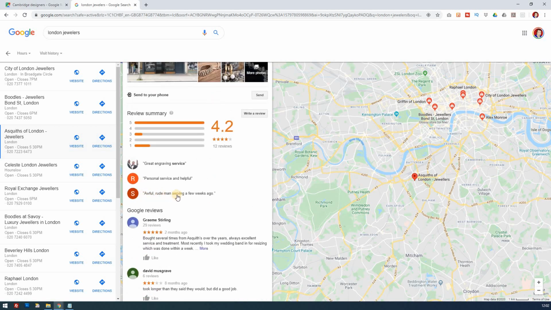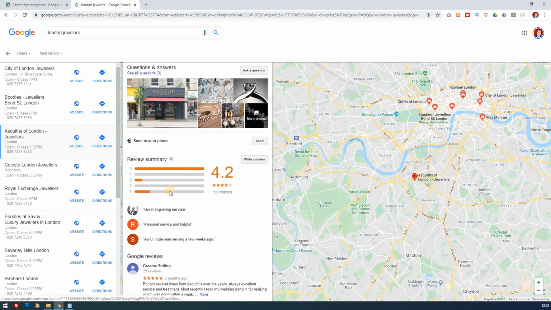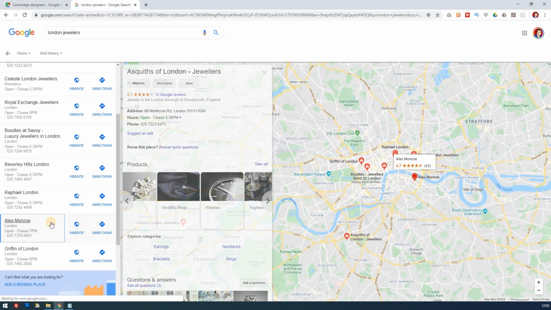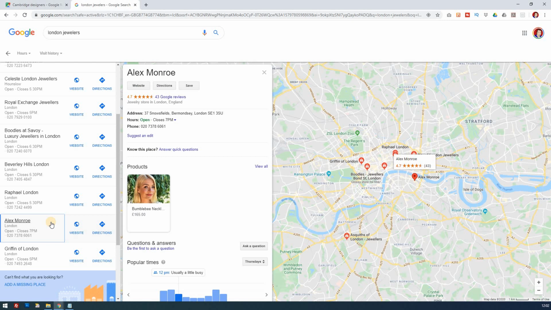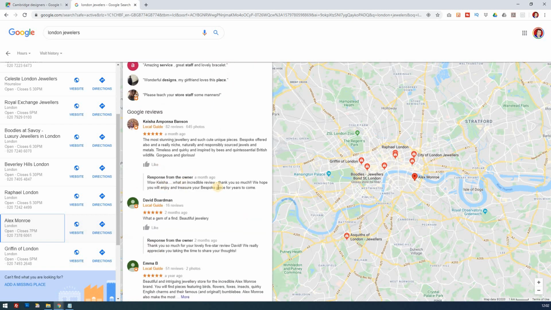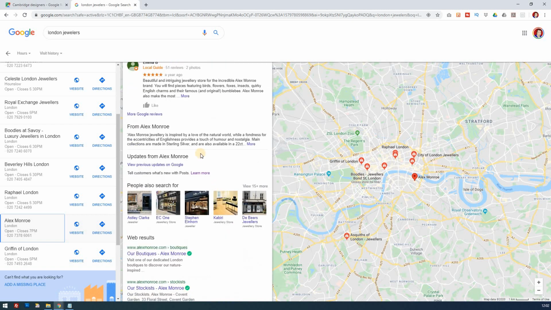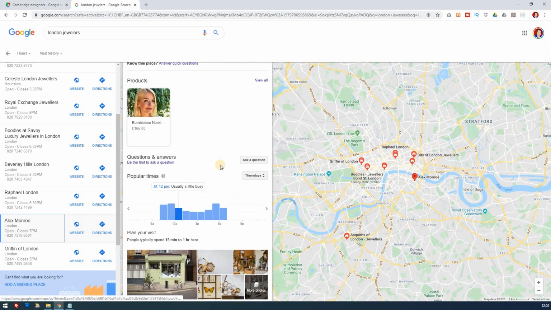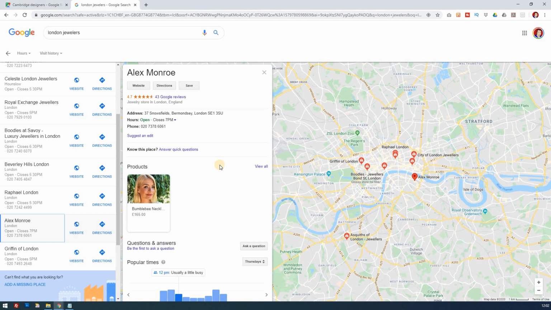There's an awful rude man serving a few weeks ago, but on the whole they get 4.2. Okay, let's try here. We've got a necklace, and again suggesting edits, and they do respond, which is good. And it's also good that they've got some information, some updates, some descriptions and so on, so all that's important. Very good. They get a good review, 4.7 as well.